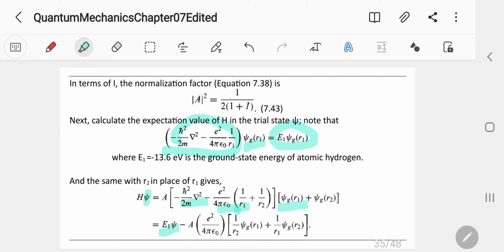The whole thing, this one is your psi, so it will just give you E1 for that, because E1 is the eigenvalue of H. So you're left with this part.